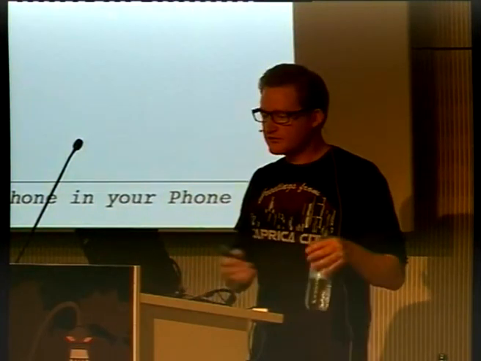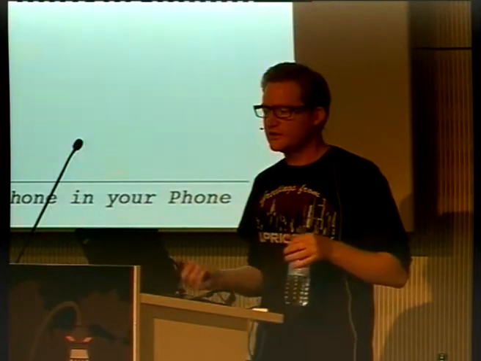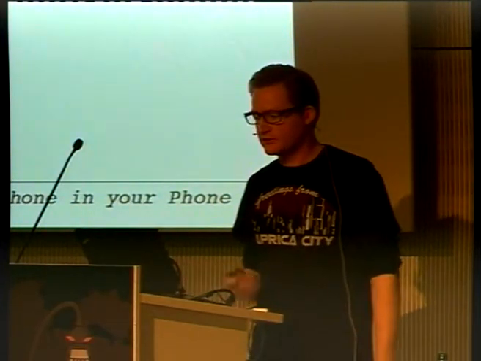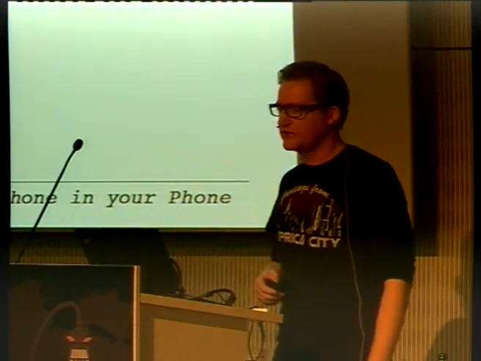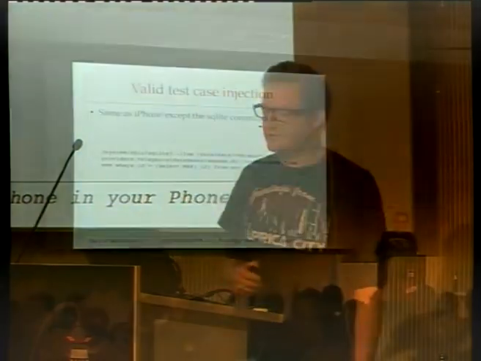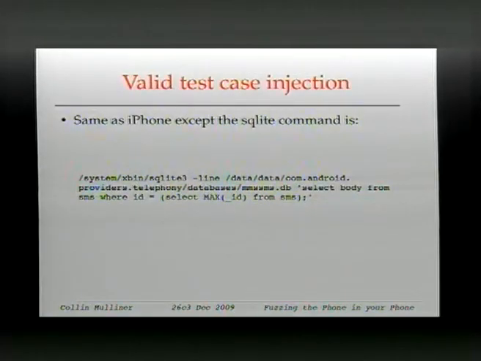If something happens, the crash log output is saved, and the SMS which generated it is saved again. Fortunately, SQLite is also the SMS store on Android, so we could reuse everything again. Just the tables, of course, look a little bit different.